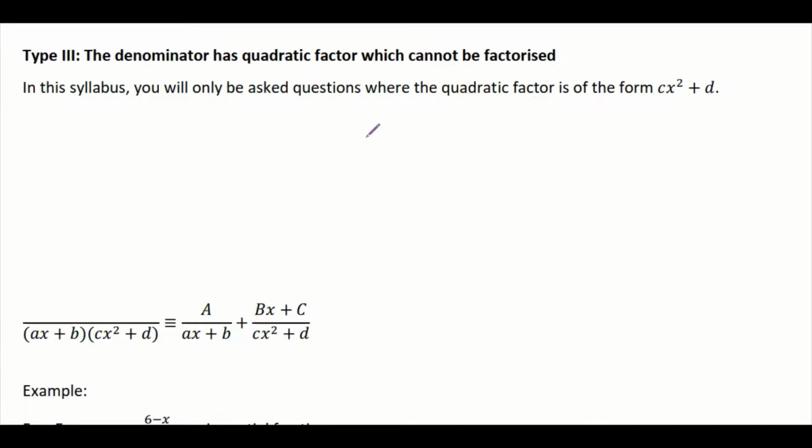For your questions, you only have a quadratic factor in terms of cx squared plus d. So you only have the x squared term and a constant term. You will not have a question that has an x term.